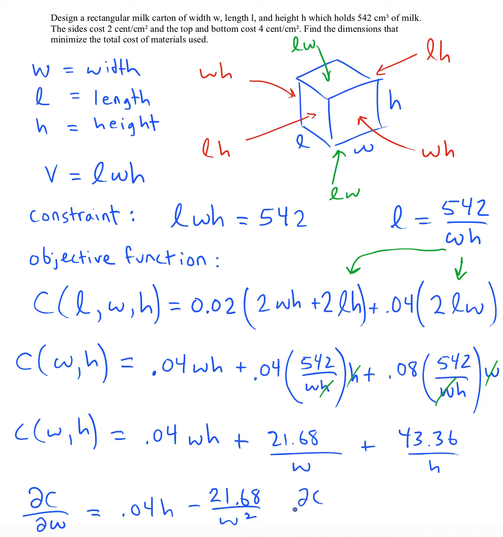I'll find the partial with respect to H, 0.04 W minus 43.36 over H squared. And now, just like before, we want to set each of these partial derivatives equal to 0, and then we'll try to solve the system simultaneously for the answers.